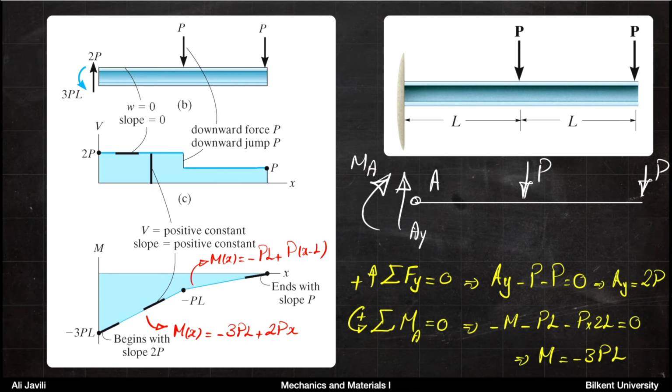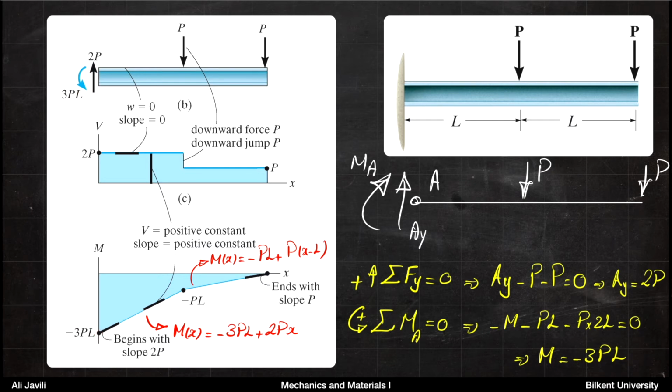So basically, you know that the moment starts from minus 3PL. Again, minus is because of the sign. So this is the opposite of the sign that we had assumed as the plus sign. So it's minus 3PL.